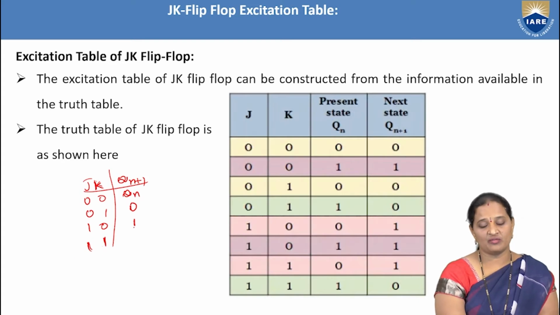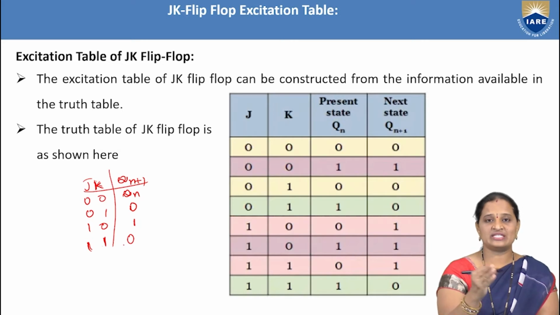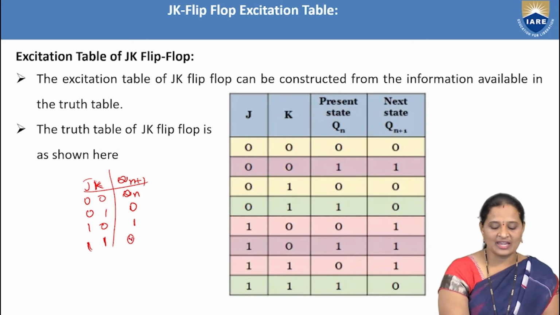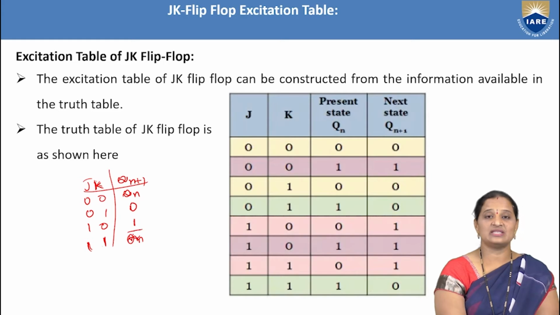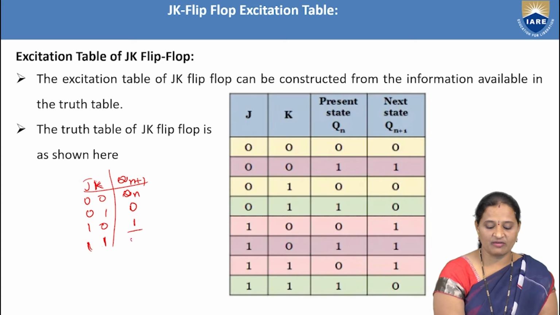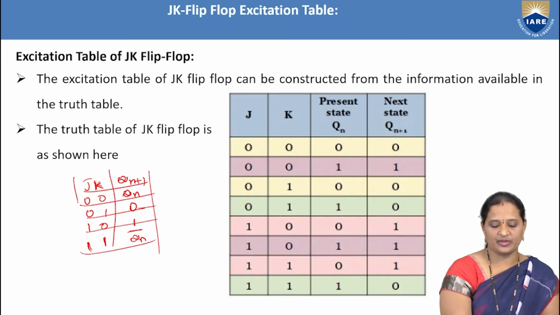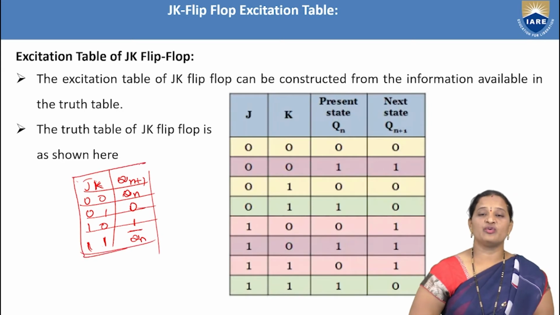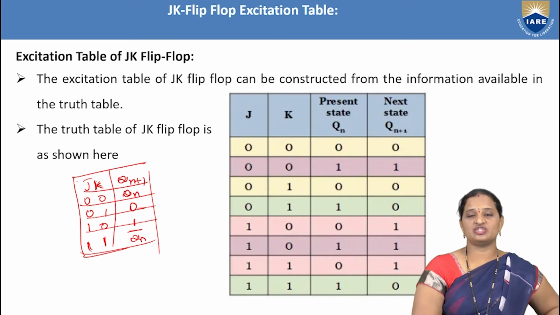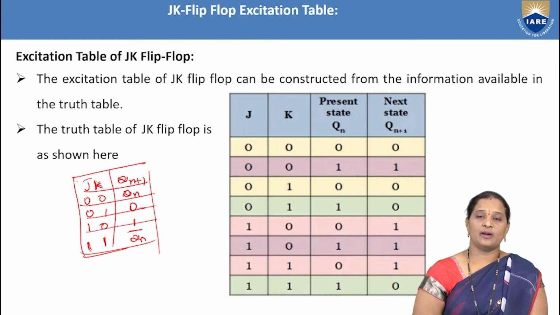When J and K are 1 and 1, whereas in the SR flip-flop we have an indeterminate state, it is eliminated in the JK flip-flop, and in this case the output is the complement of the present state. That means the next state of the flip-flop is the complement of the present state. Qn plus 1 is equal to Qn complement when J and K are 1 and 1. So this is the truth table of the JK flip-flop.